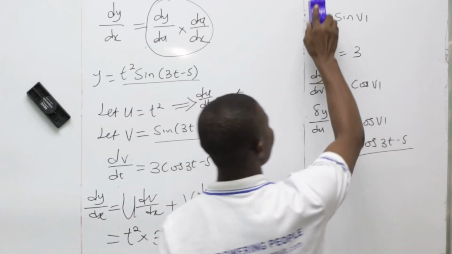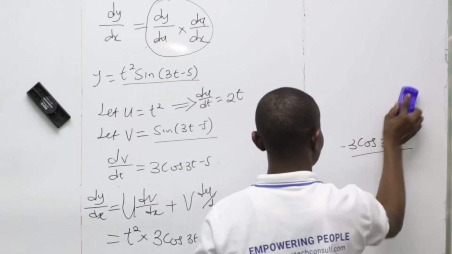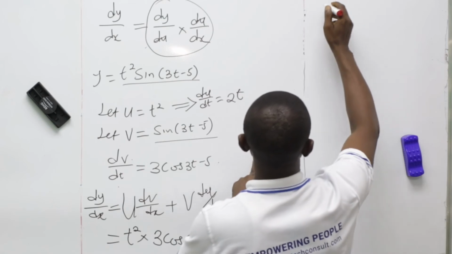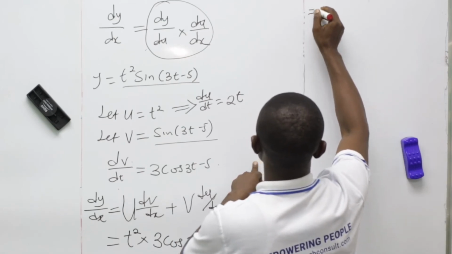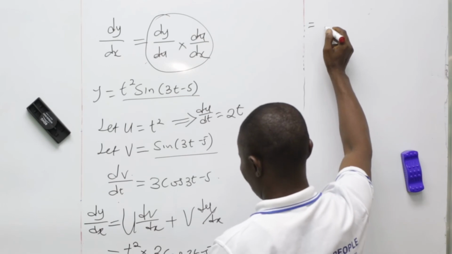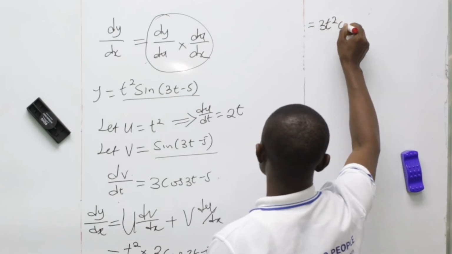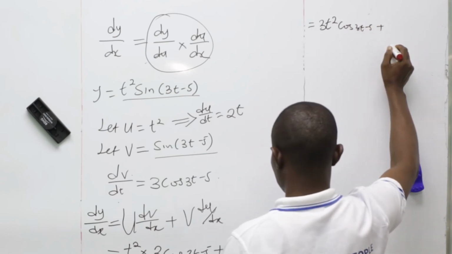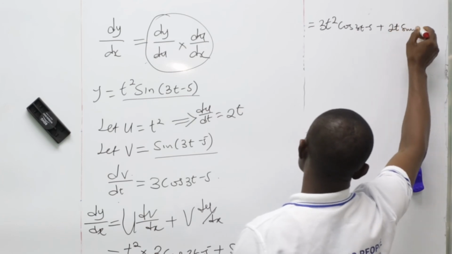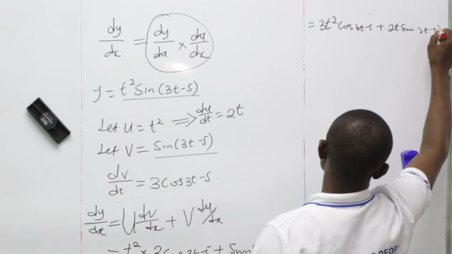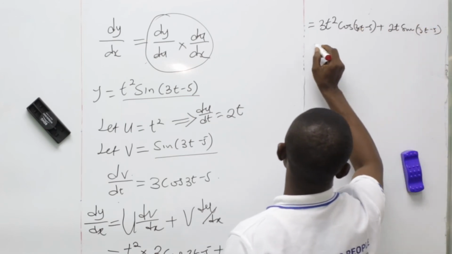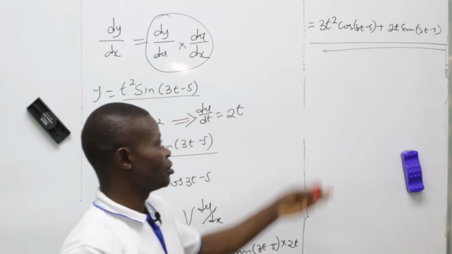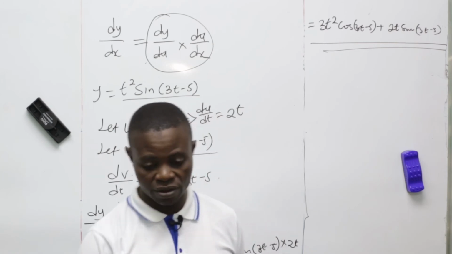So let us finalize our answer by saying that dy/dt equals 3t squared cos (3t − 5) plus 2t sine (3t − 5). Final answer. So this is the final answer to that question.